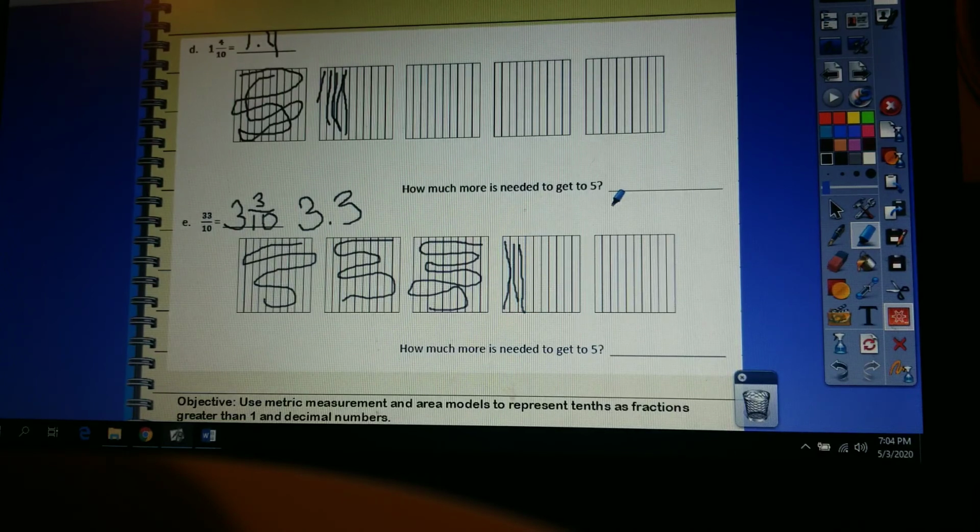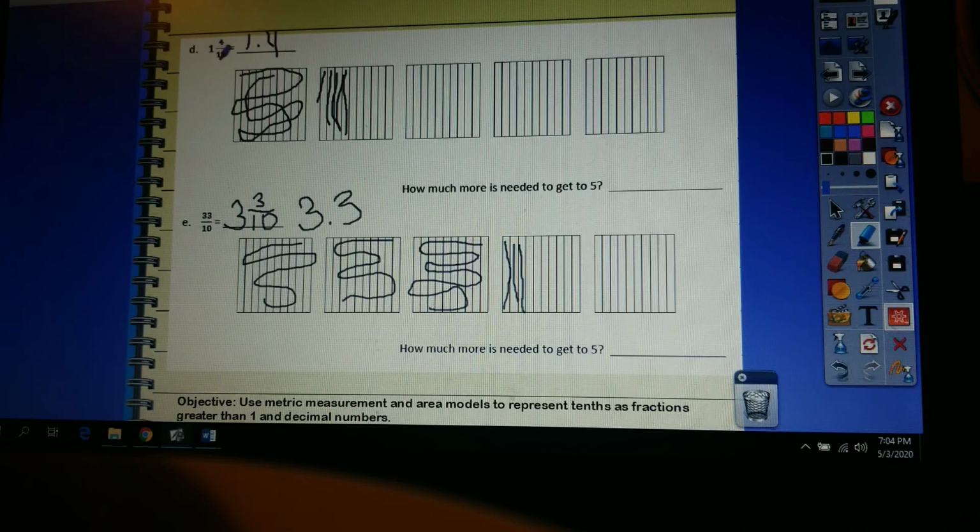All right? And I didn't read my question. Let's go back and read my question. I was concentrating so much on drawing with my pen. How much more is needed to get to 5? Okay, so if I have 1.4, 1 and 4/10, I need to get to 5. Well, let's see, how much more will we need to get to a whole?